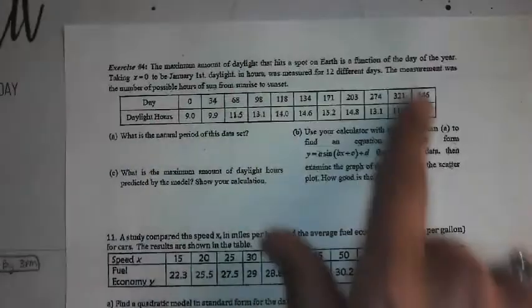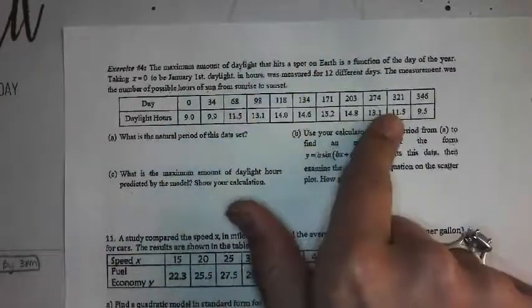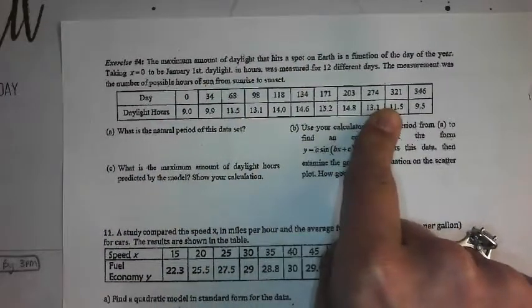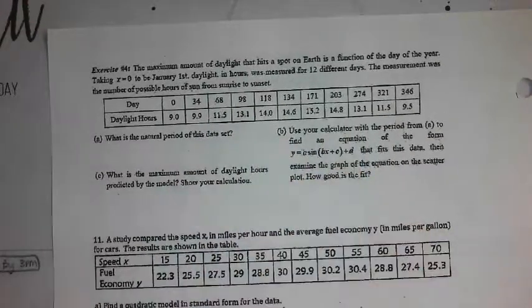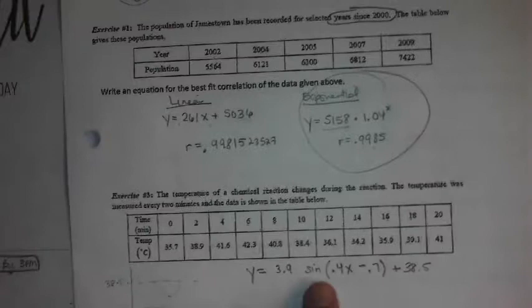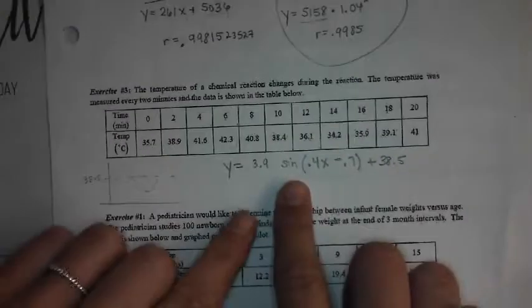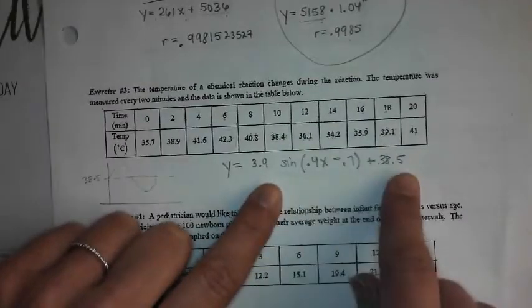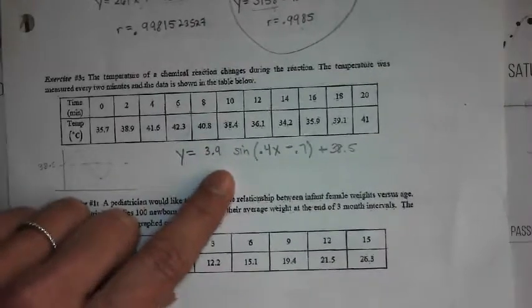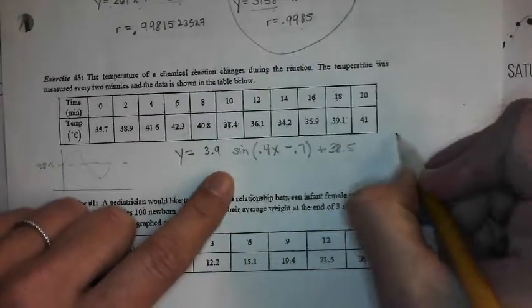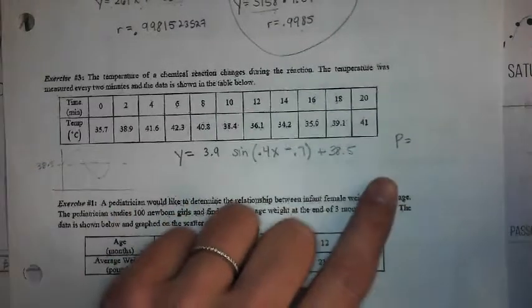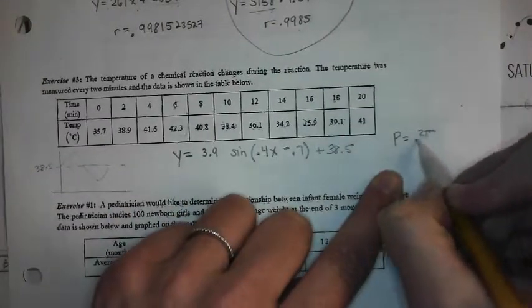This is another one, and it tells us in this case that it's a sine regression. It asks some follow-up questions based on our linear regression, but I'm going to ask those, and I kind of already did about this previous one. What is our period here? Remind me. What is the period formula? 2 pi over b.